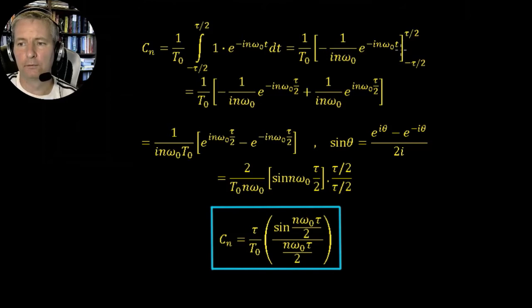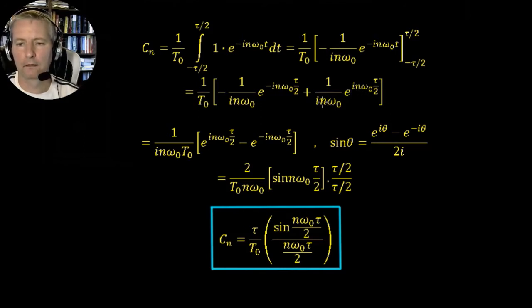Then for the value of t, we put in τ upon 2, so the first term is minus 1 upon i n omega naught e to the minus i n omega naught τ upon 2, and then it's minus the next term, where the two minuses cancel out. Also when you place minus τ upon 2 in for t, the minus cancels, so you end up with a plus sign: 1 upon i n omega naught e to the i n omega naught τ upon 2.